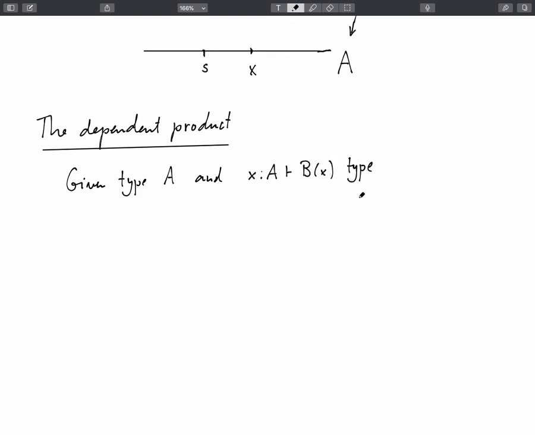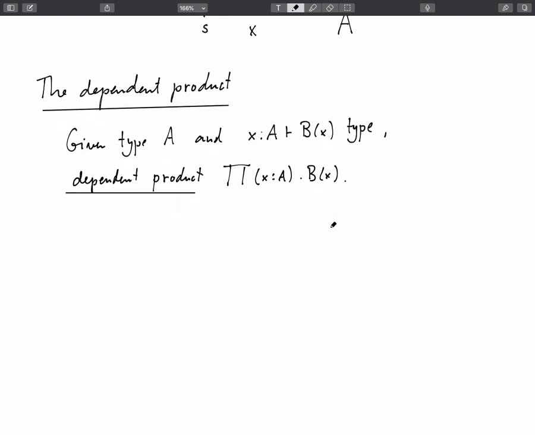Given a type A and B which depends on A, we can form the dependent product and write it like this. Now I have to explain what's in it. So the idea is that this is the space of sections. That's what it's supposed to be.